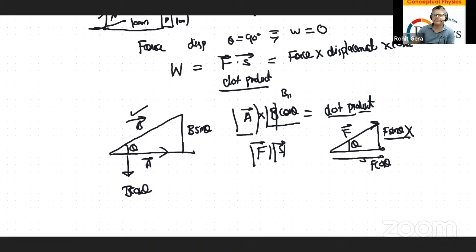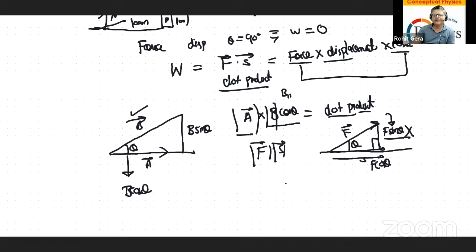Displacement is in this direction, whereas F sin theta is perpendicular. No contribution. F sin theta has no contribution, but F cos theta has a contribution. So force into displacement into cos theta is actually F cos theta, the horizontal component of force, getting multiplied with displacement to give you work. They have to be in the same direction.